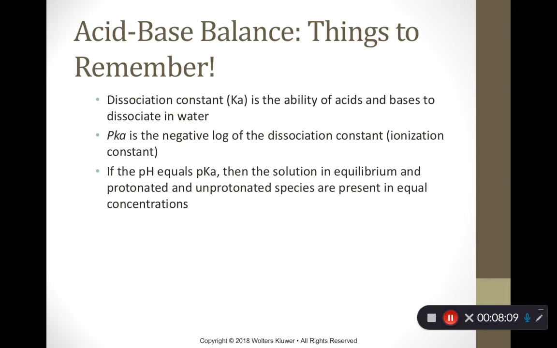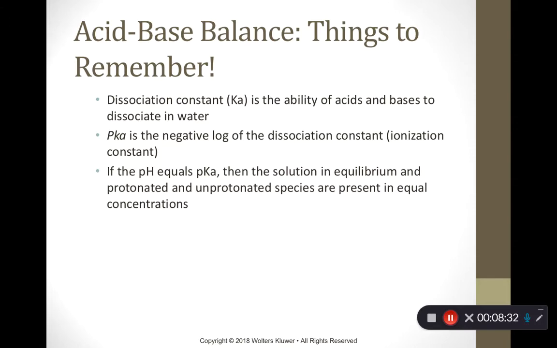So there are certain things to remember. Again, as I mentioned before with the definitions, the dissociation constant is the ability of acids and bases to dissociate in water. pKa or pK is the negative log of the dissociation constant. So it is the ionization constant.